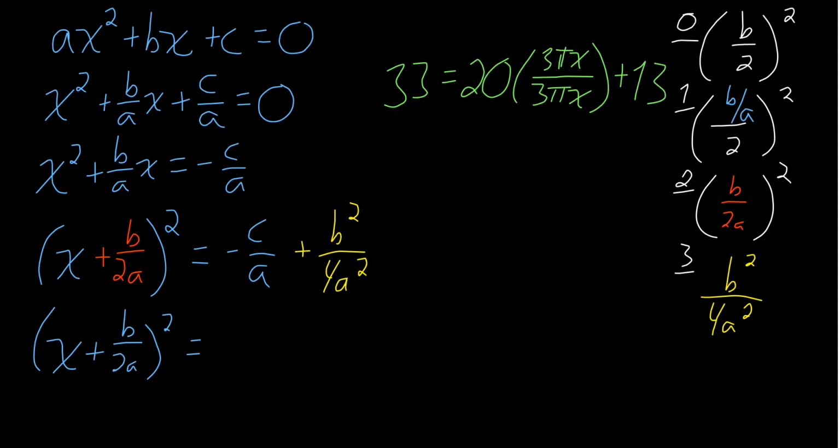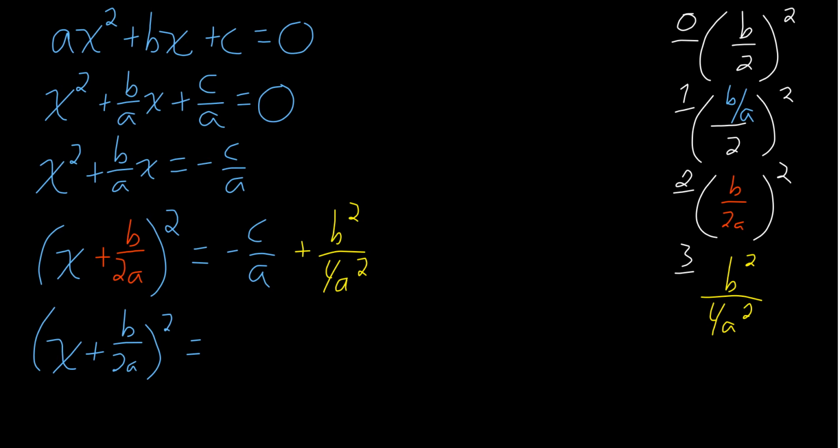That still makes sense though, right? Because 3 pi x over 3 pi x is just 1, and 20 times 1 is 20, plus 13 is 33. So I'm allowed to make that manipulation there. All I'm doing is multiplying that one term by 1. I'm not changing its value at all. It's still 1.